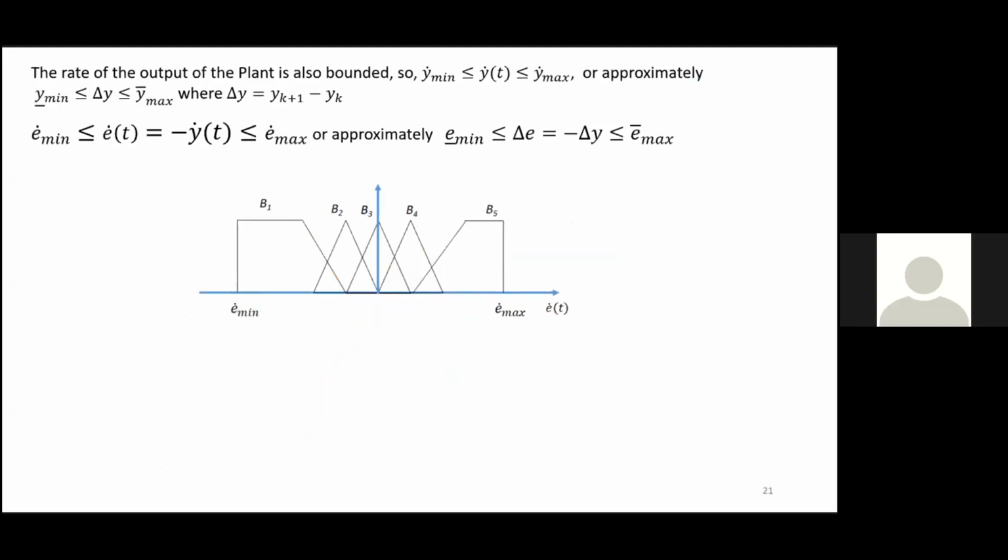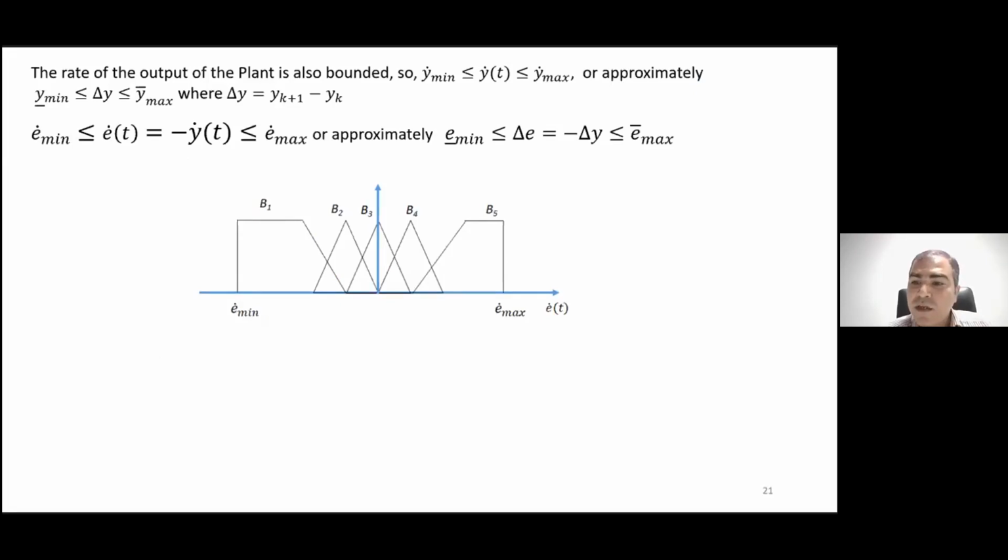Similarly, the boundaries of the derivative of error can be found based on the information about the relative changes of the output. Here, y sub k plus 1 and y sub k are two samples of the output whose difference may be considered as an approximation of the derivative of the output, from which the boundaries of the derivative of error can be found.